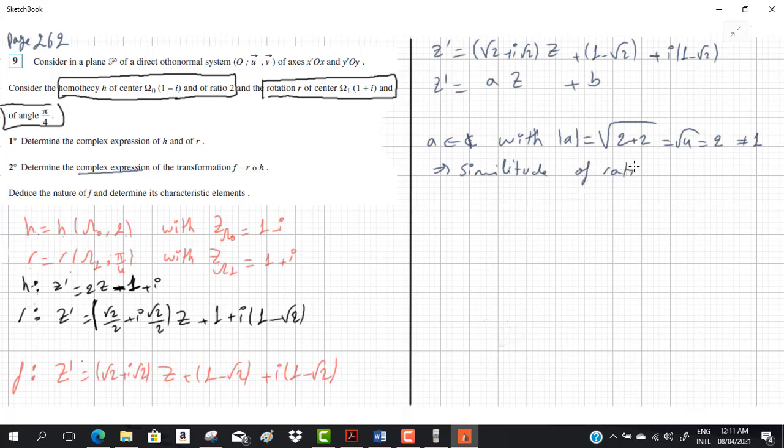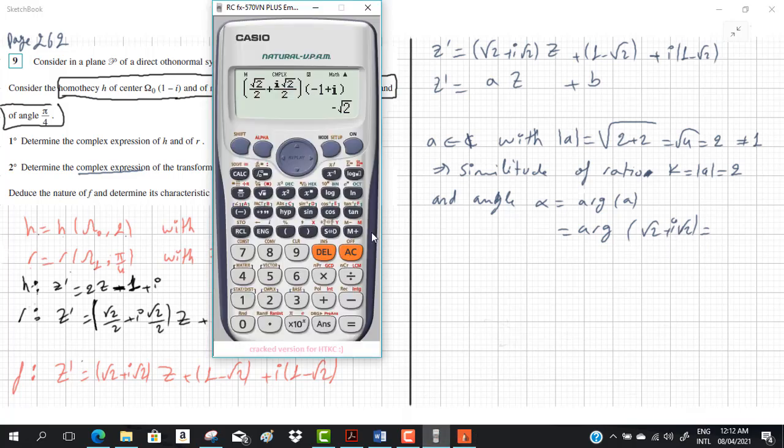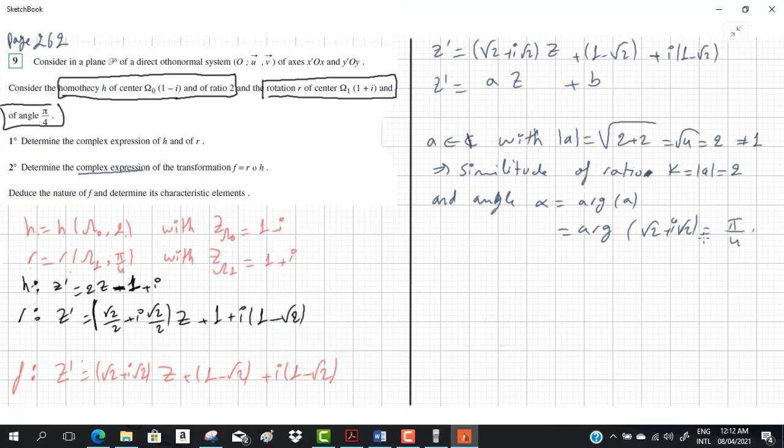of ratio k equal modulus of a يعني 2 and angle alpha equal argument of a يعني equal argument of radical 2 plus I radical 2. في أنا أعمل argument عادي بس أنا هعملها على الكالكوليتر مود complex shift 2 argument of radical 2 plus I radical 2 باي على 4. اوكي. طلعنا لكن الريشيو والكي.